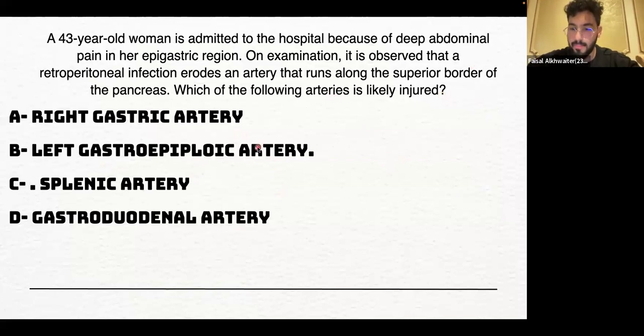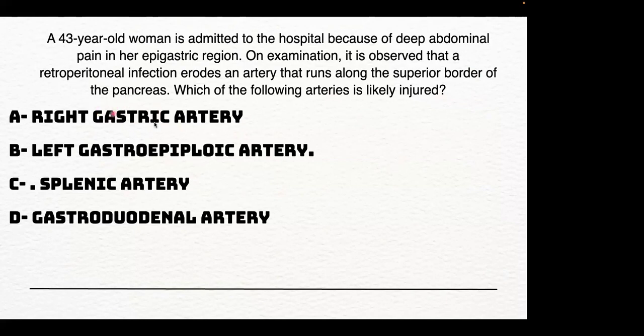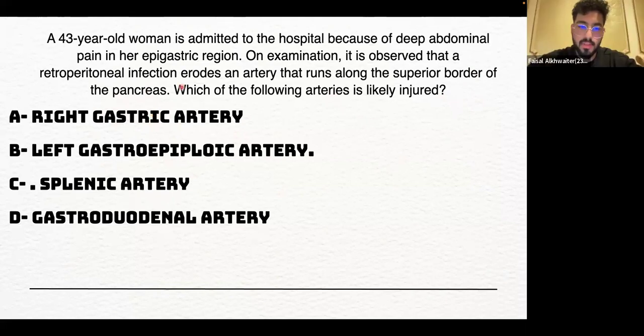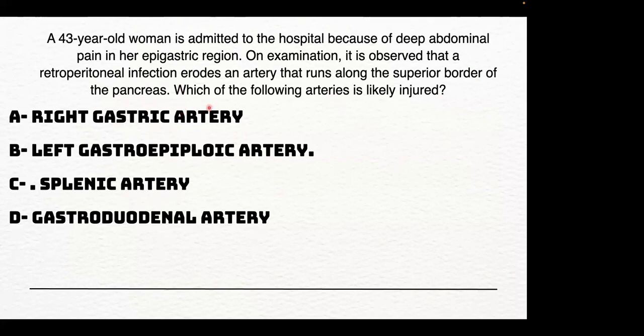Okay, great. Do you know where the right gastric artery is, or where it ends? The right gastric artery comes from the hepatic artery proper. And where is it situated? It goes to the lesser curvature, to the right side of the stomach, not the greater curvature.